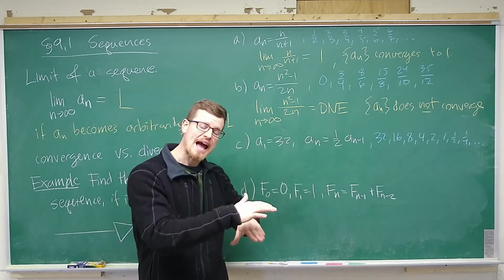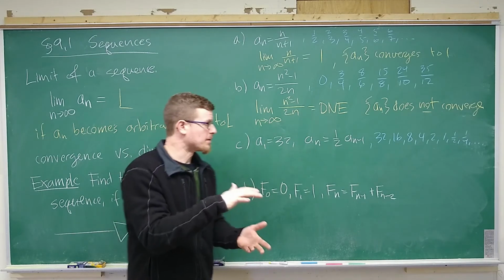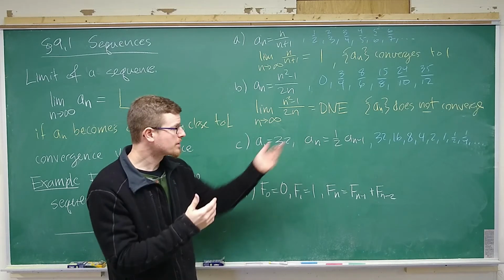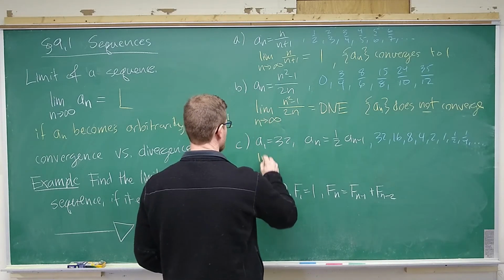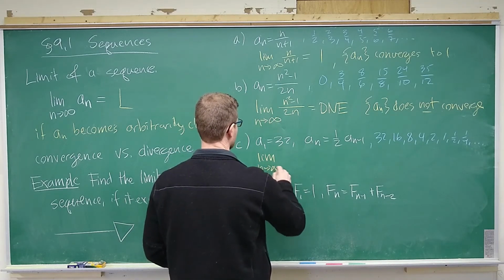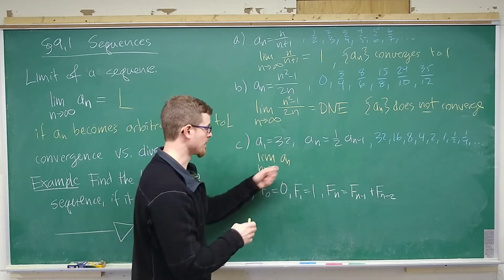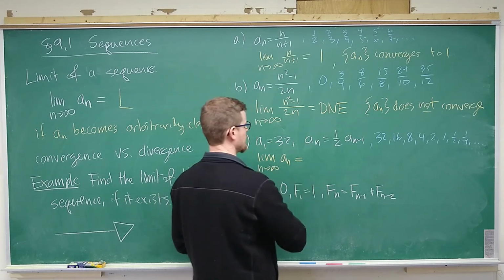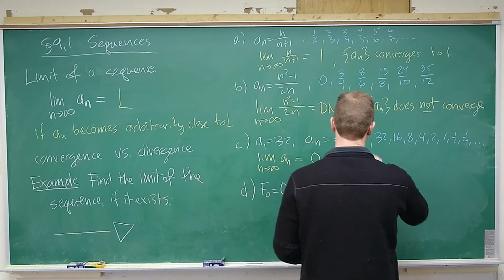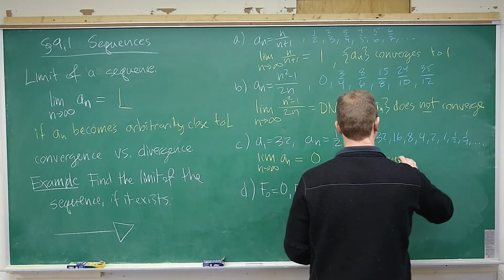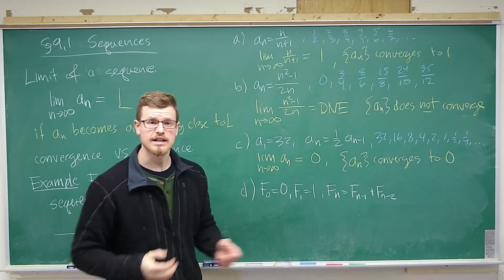But because we're always taking half, we also know it's going to get smaller and smaller, but it's never going to go below 0. So we can be confident that the limit does exist and that it would be 0. The limit as n goes to infinity of a sub n is 0, and the sequence converges to 0. Excellent, that's not too bad.